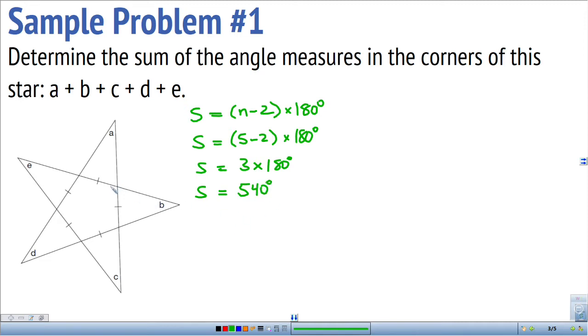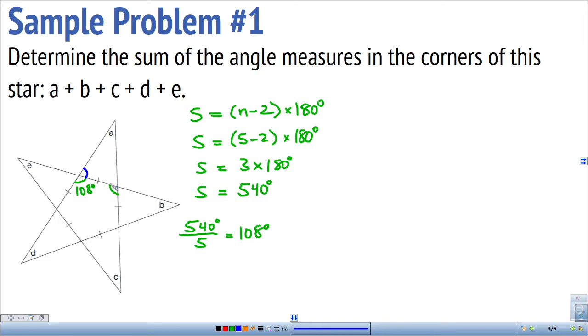Now, this is a regular pentagon, so I can find out the measure of each of these angles. I can do 540 divided by 5, so that'll be 108 degrees. Each angle here is 108 degrees. Now, I would then know what the angle here would be.